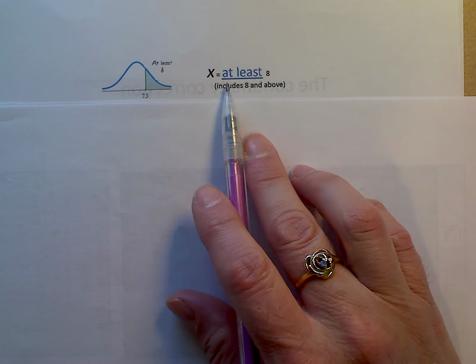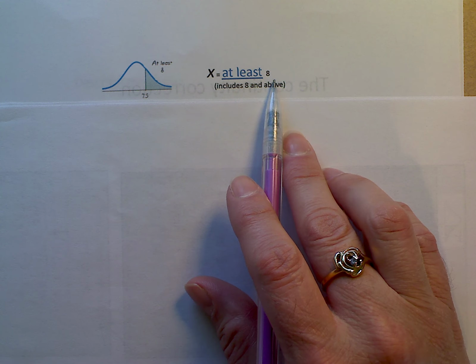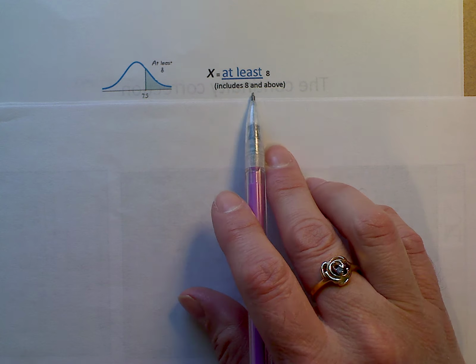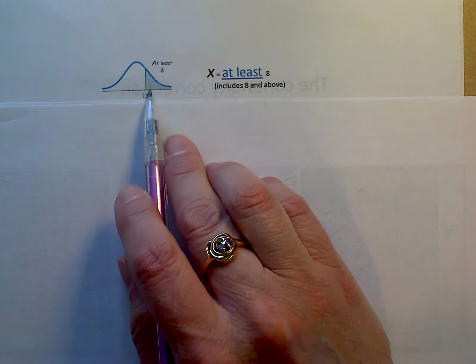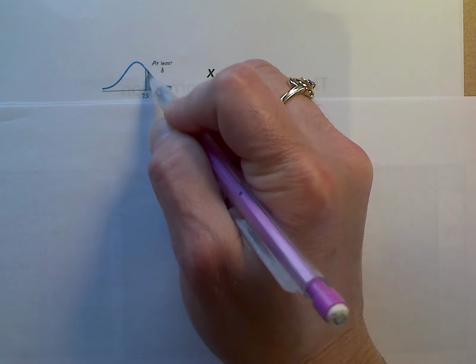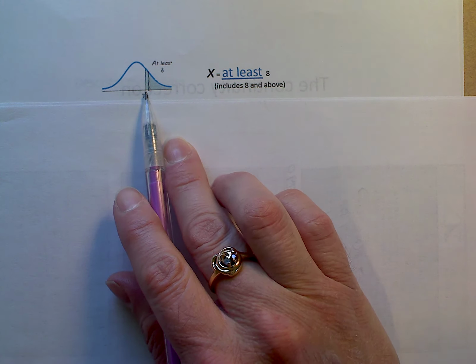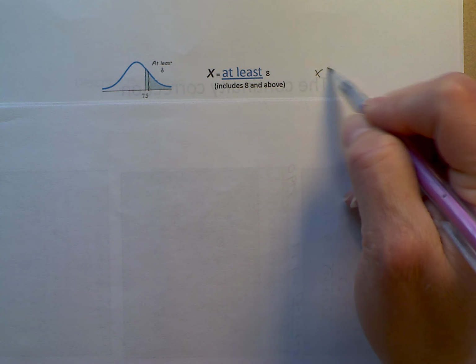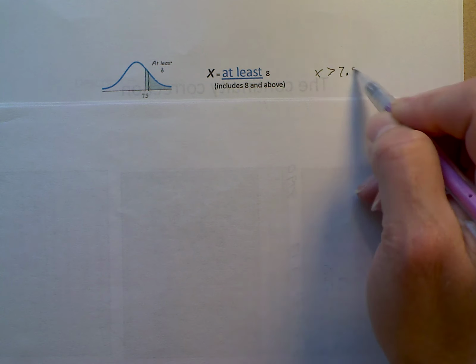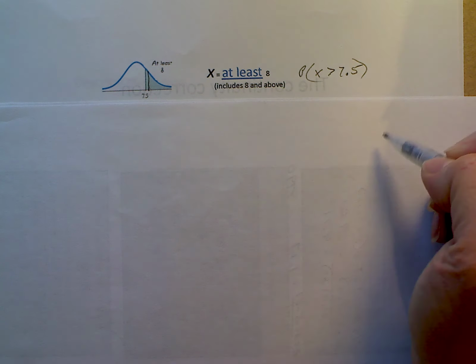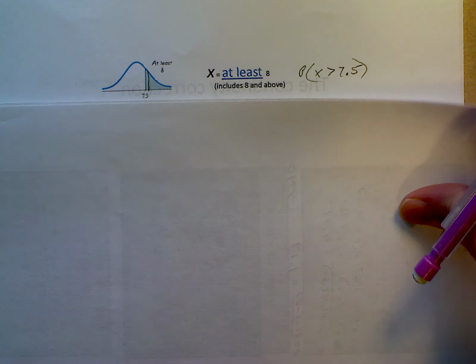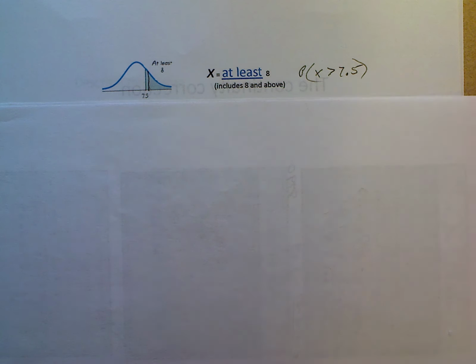If the probability is at least 8, that means I want to include the 8. Since I want to include the 8, and 8 is here, I want to shift down to 7.5 and do x is greater than 7.5. Okay? Because I want to include the 8.